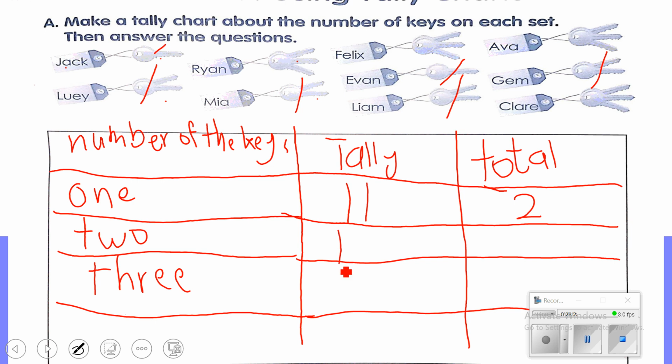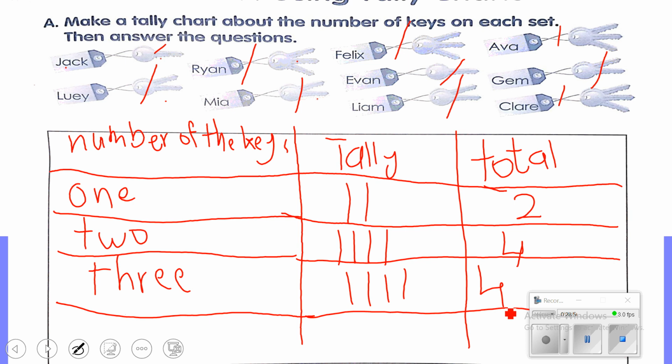So four students. And here is four. How many students have three? Let's see. One, two, three, four. Excellent. Also four. And I will write here four.